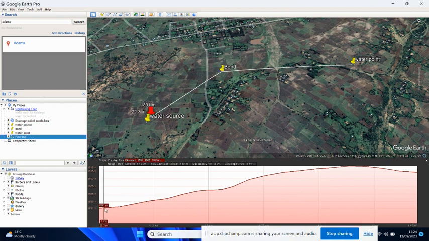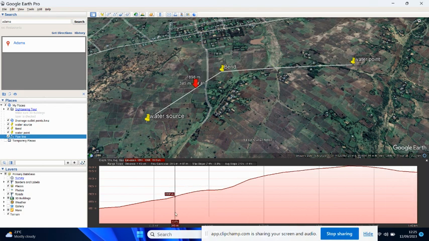Therefore, we can't deliver water using a gravity system. Therefore, we have to use a surface pump. Since our source is a spring, we can use a surface pump and deliver water to the community or the settlement area.